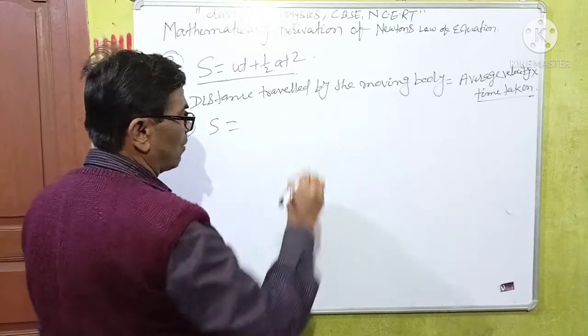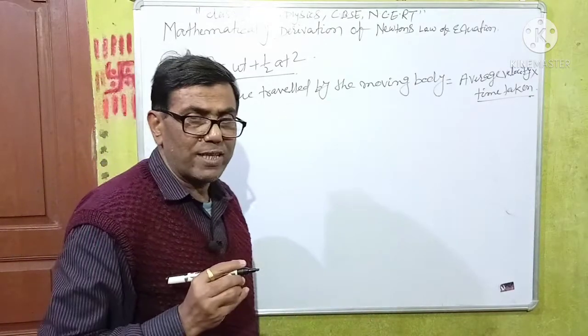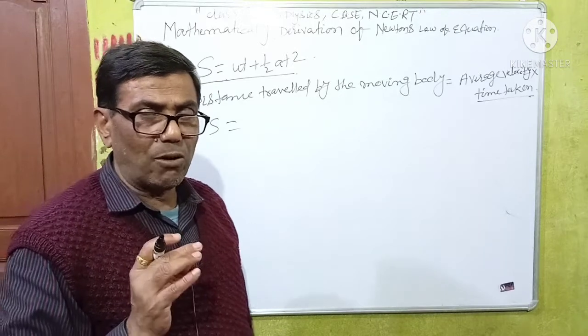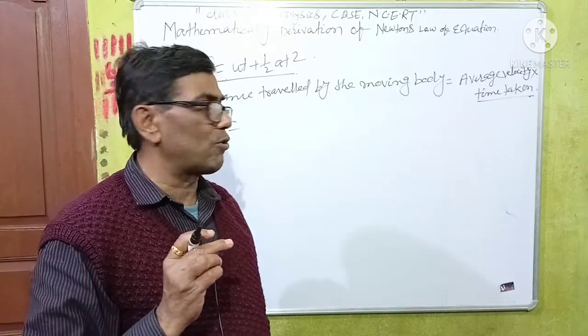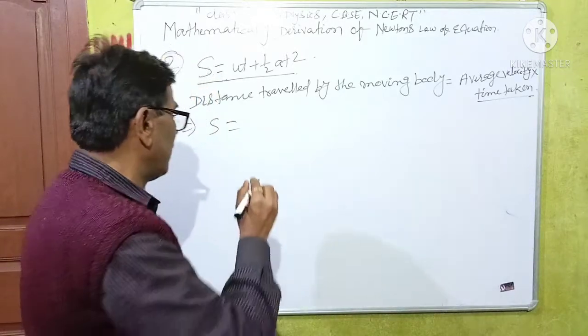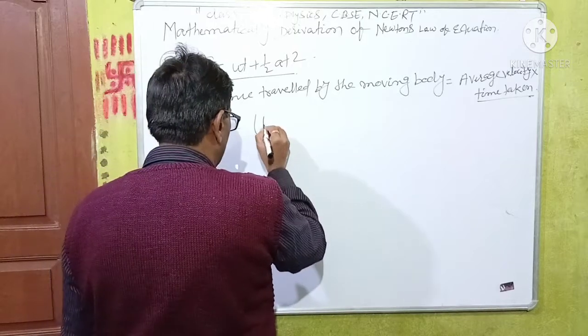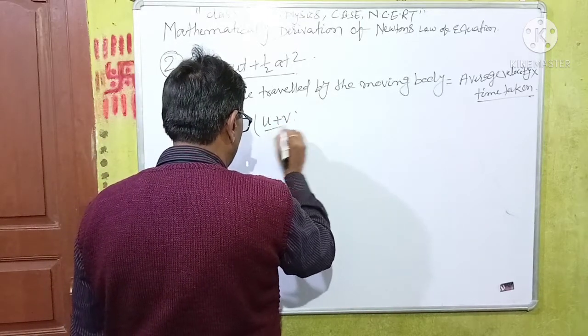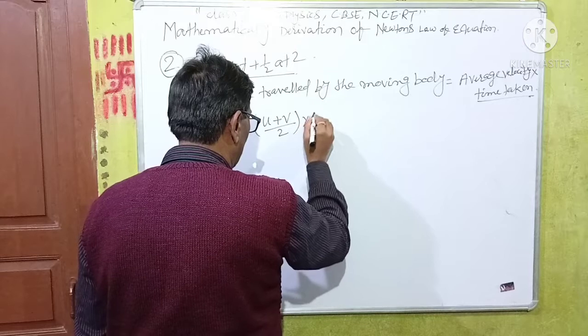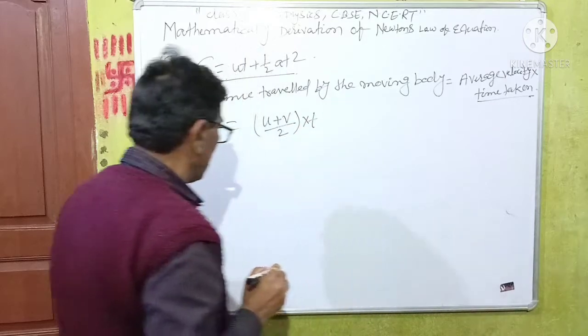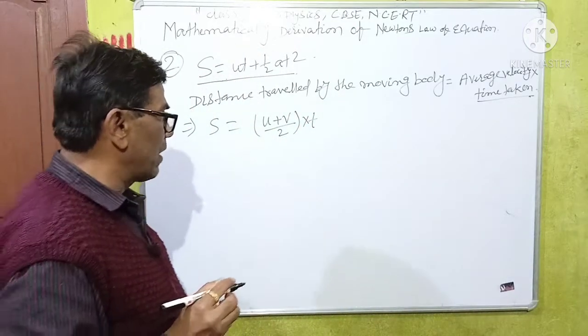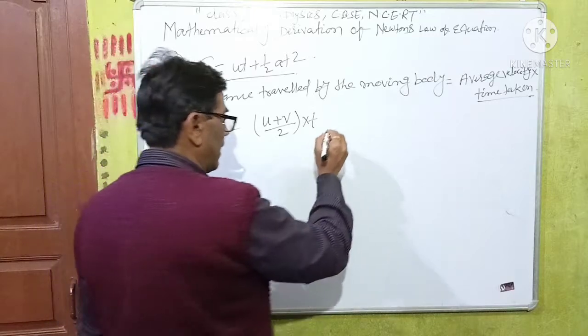So s is equal to the average velocity, which is the arithmetic mean of the initial velocity and final velocity, written as (u + v)/2, into t. So s = ((u + v)/2) × t.